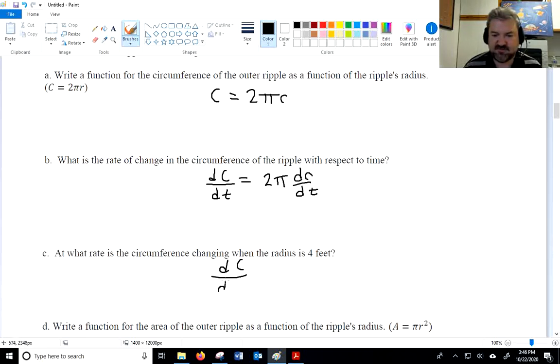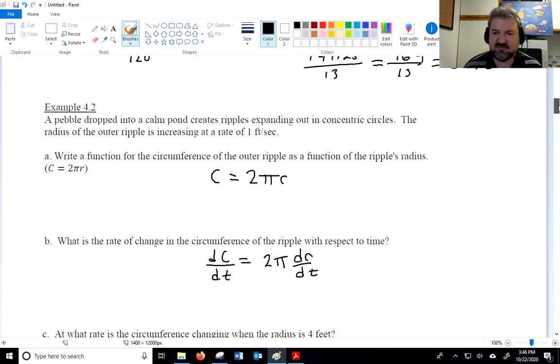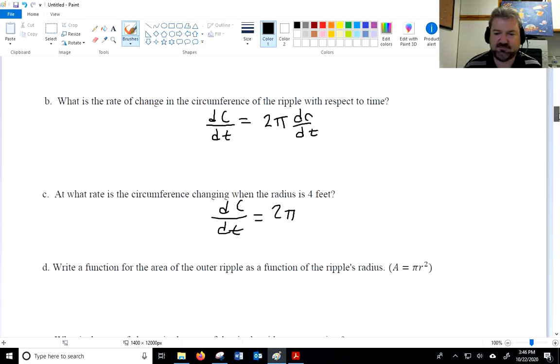So dC/dt is equal to 2 pi. Notice that I don't actually have to enter the 4 feet for the radius, because the change in circumference does not depend on what the radius is at that moment. Now the radius is expanding, they say, 1 foot per second. So I'll just multiply this by 1. So it turns out that it's 2 pi feet per second.